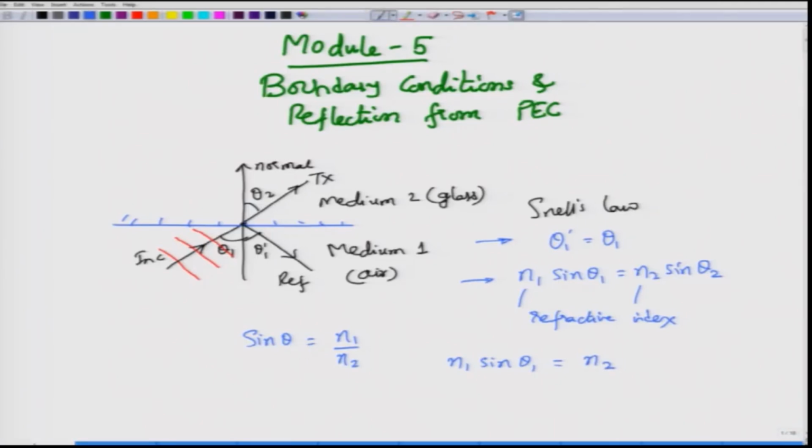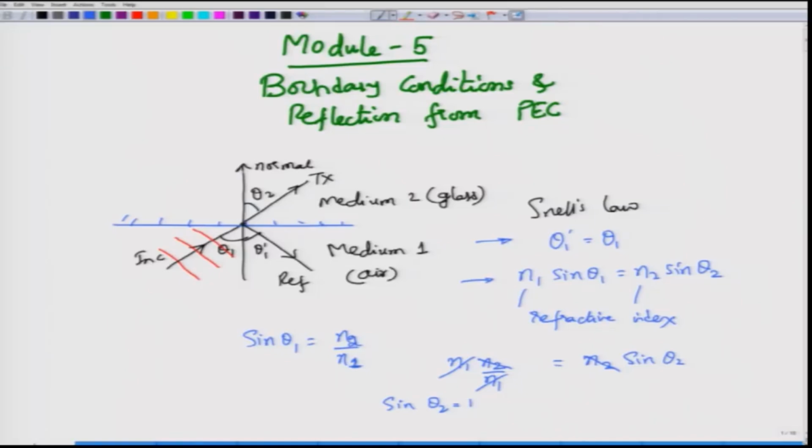If I make sin theta 1, the sine of the angle of incidence, equal to n2 by n1, then what I have is n1 times n2 by n1, so this becomes n2, and then you have n2 sin theta 2, and n2 cancels on both sides, and what you have is sin theta 2 equals 1.